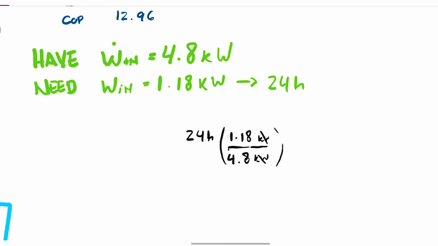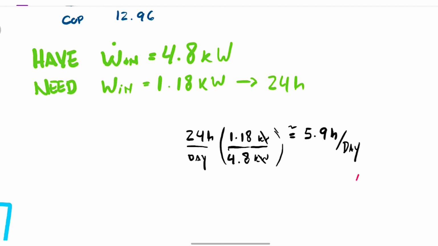We're going to be left with the unit of hours, and this is 24 hours per day. So the amount of time this needs to be working in a day is 5.8966, so approximately 5.9 hours per day, right?